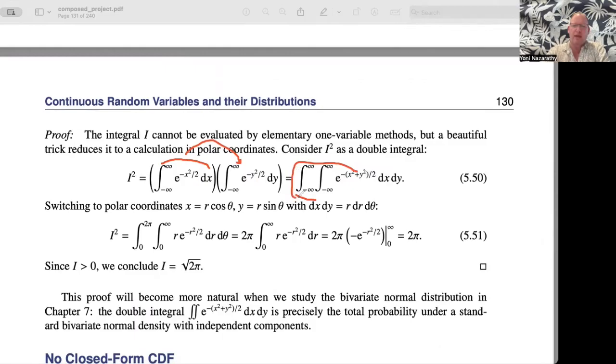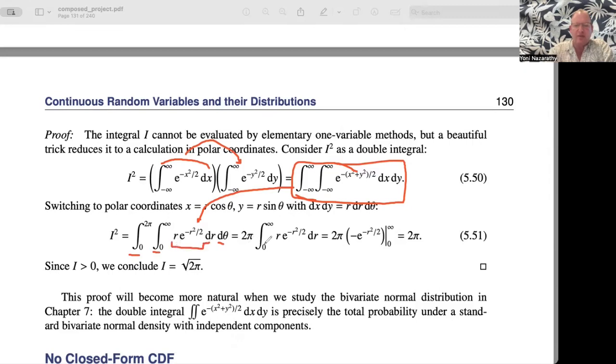So we're now doing a double integral on dx dy. And you'll see more things like this when we speak about moments in general for multidimensional distributions in chapter 7, chapter 8, etc. Now, if you take this double integral and convert it to polar coordinates, then you're integrating dr d theta, and theta will go from 0 to 2 pi, and r will go from 0 to infinity.